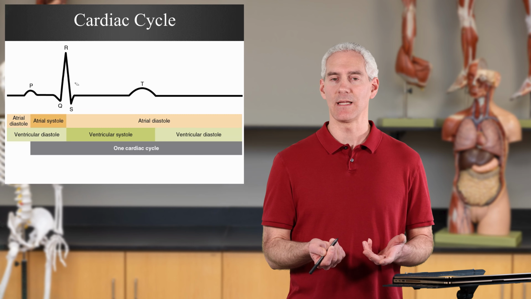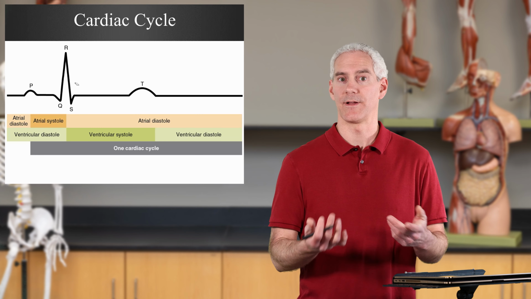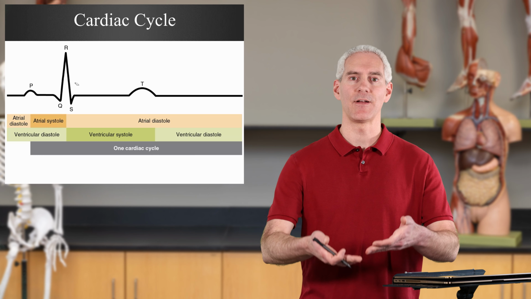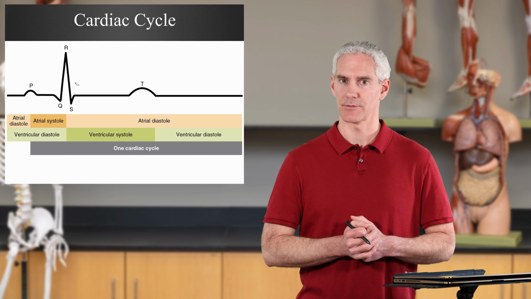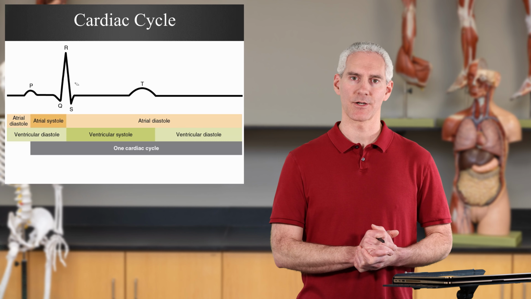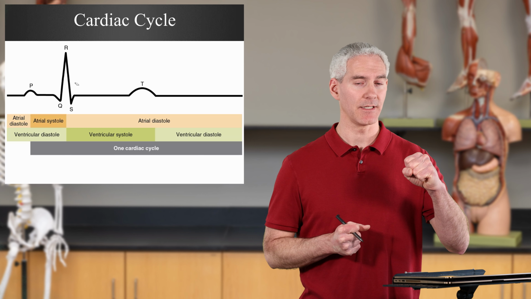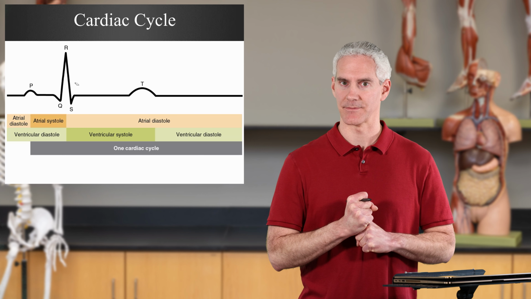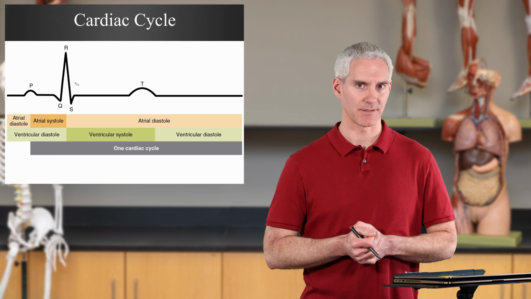Remember, the T wave is the end of ventricular systole, or ventricular depolarization. The T wave is when you will eventually start ventricular diastole, or ventricular relaxation. So this is one single cardiac cycle. Atria contract first, atrial systole, then the ventricles contract, ventricular systole. The relaxation has to occur after the systole.